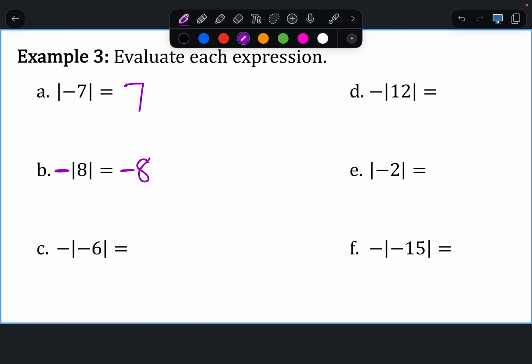So in letter C, what is the absolute value of negative 6? So, okay, so this becomes 6, but we still have the negative. So this is negative 6. Okay. Answer D, E, F for me.